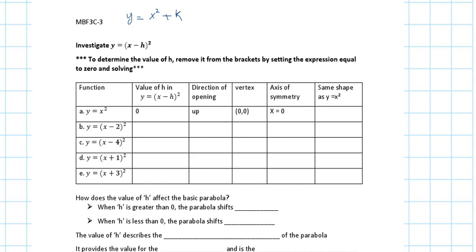So let's look at, before I fill anything out, what happens to my original graph if I do this. Okay, if I have x minus 2 squared, x minus 4 squared, and so on and so forth. Together we're going to look at, using Desmos, what happens.